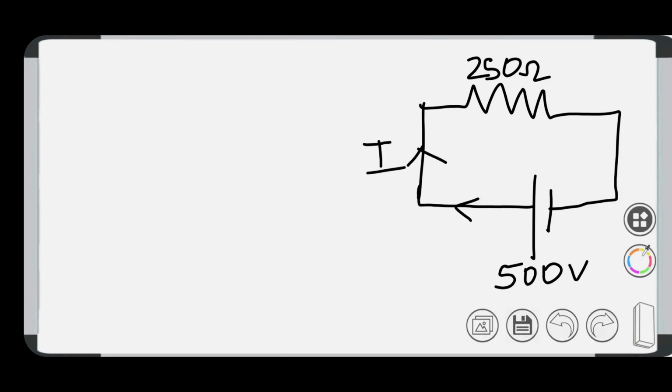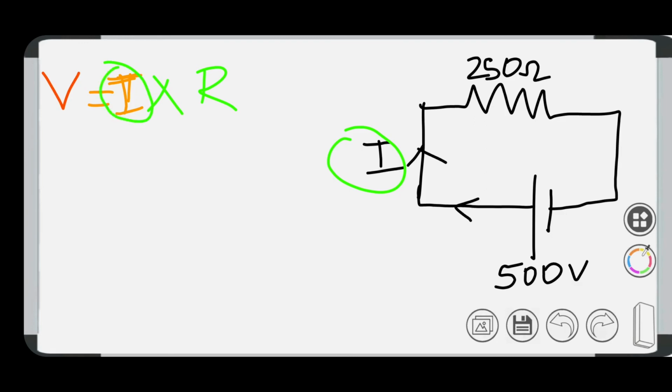So let's consider V as potential difference or voltage, I as current, and by Ohm's law we can write V equals I into R. We already have V and R given, and we have to find I. V is 500 volt and R is 250 ohm.